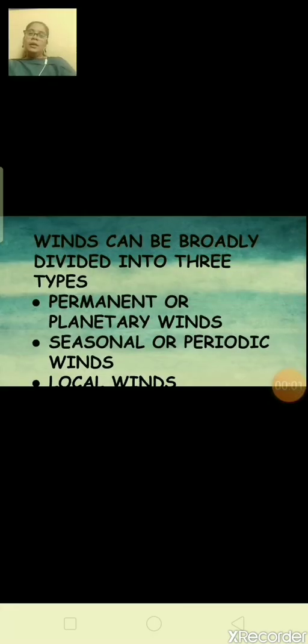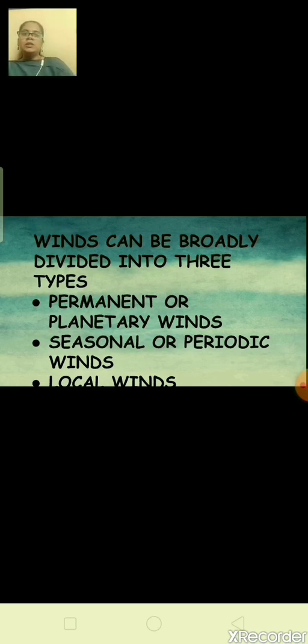Now children, let us look at the first type of wind, that is permanent or planetary winds. Some winds blow constantly in a particular direction throughout the year. These winds are known as prevailing winds or permanent winds or planetary winds.